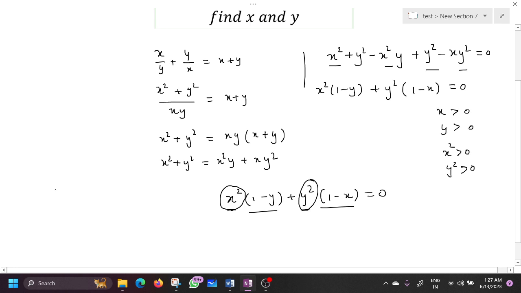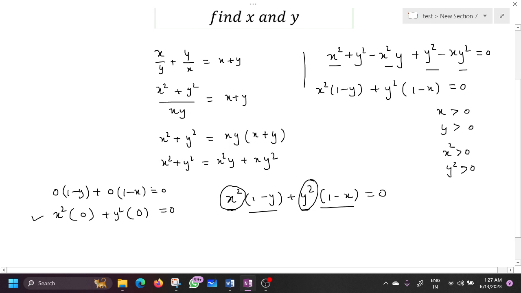Either x square becomes 0 and y square is 0, and then the whole thing becomes 0. The other case is x square is not 0 but the bracket is 0, and y square is not 0 but the other bracket is 0, and the whole equation becomes 0.